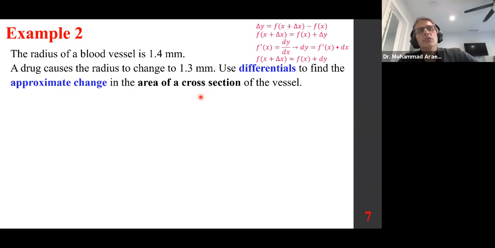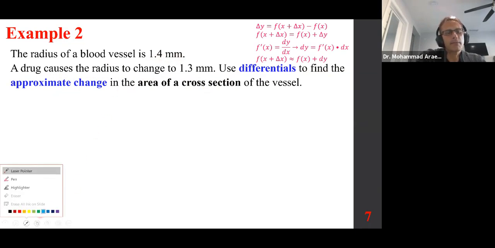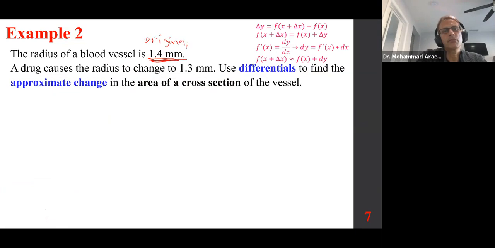So you need to know a piece of information about a circle. Everybody knows the area is pi r squared. So what is the radius? It is always the original one, class. Original one, or the first one.